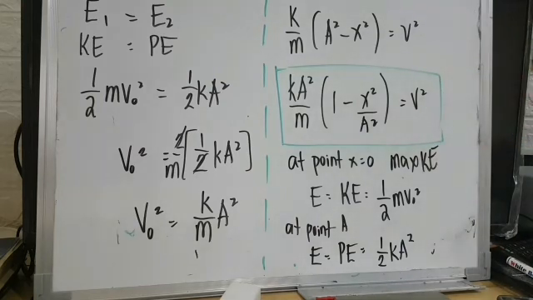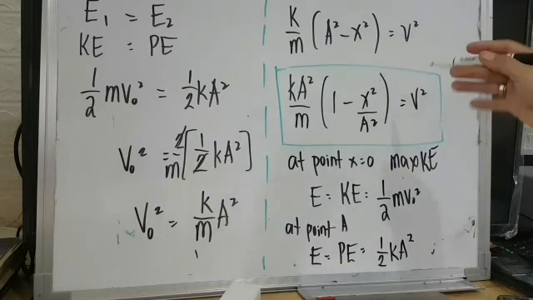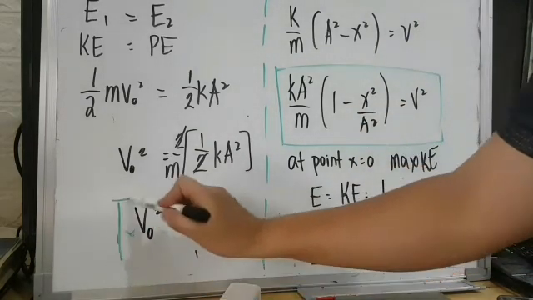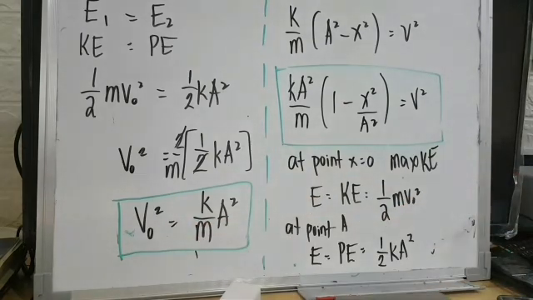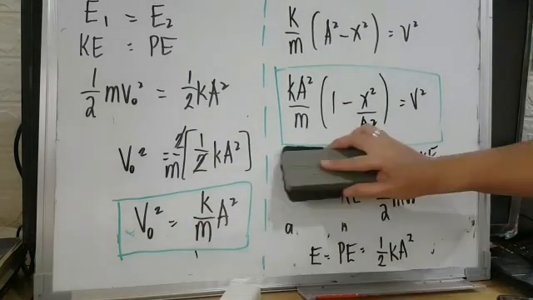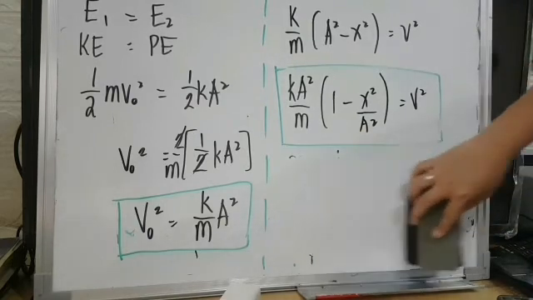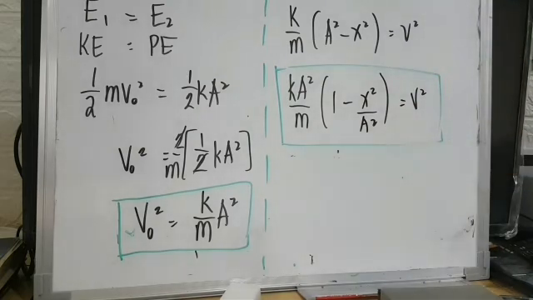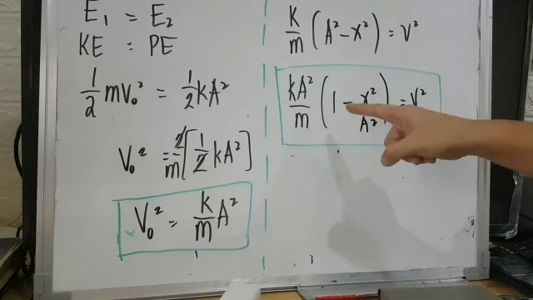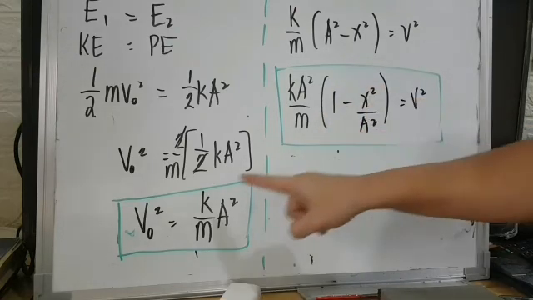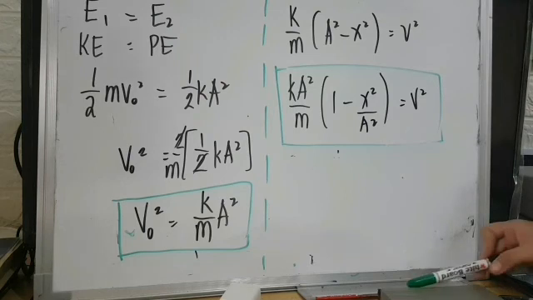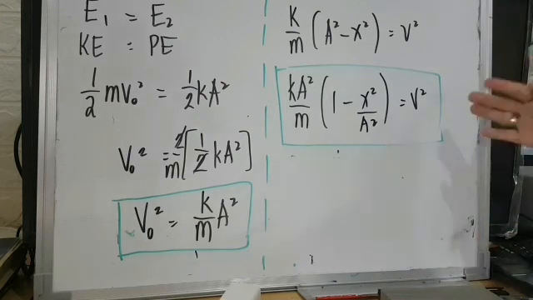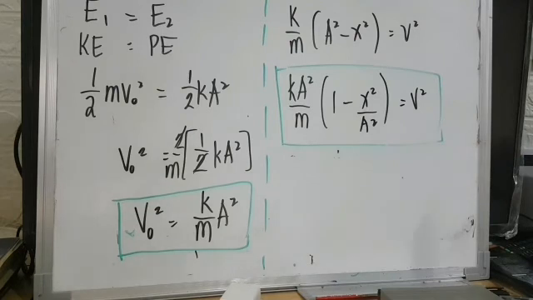Alright, very good. So, we can now express this in terms of the velocities. Let me erase this again. Anyway, the complete derivation is also found in the module, but I think I have to explain it here. So, k a squared over m is equal to v naught squared. We now were able to derive an equation relating the velocity at x equals 0 and the velocity at the point in the middle of the maximum potential energy and the maximum kinetic energy.